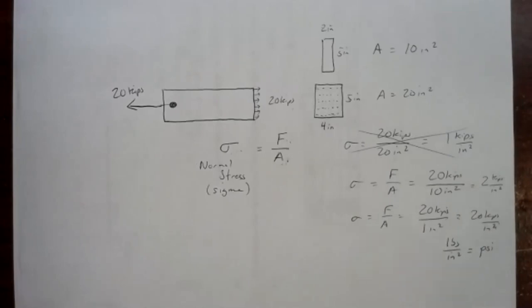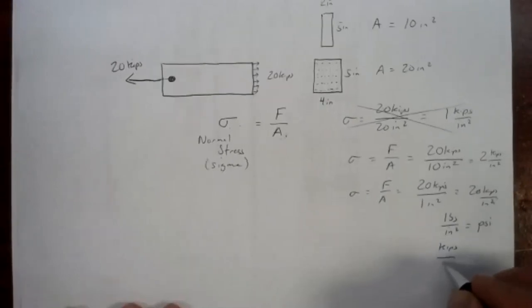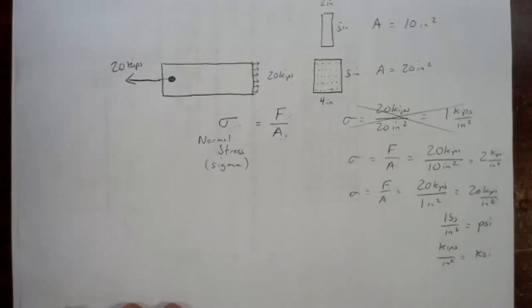When we've got kips per square inch, we can abbreviate that as KSI. A KSI is 1,000 PSI. It's a kilo PSI. So it's 1,000 pounds per square inch.